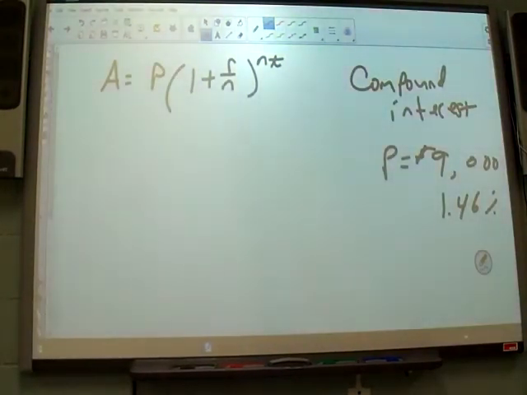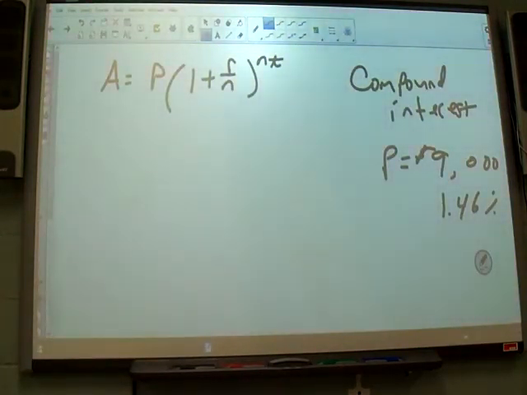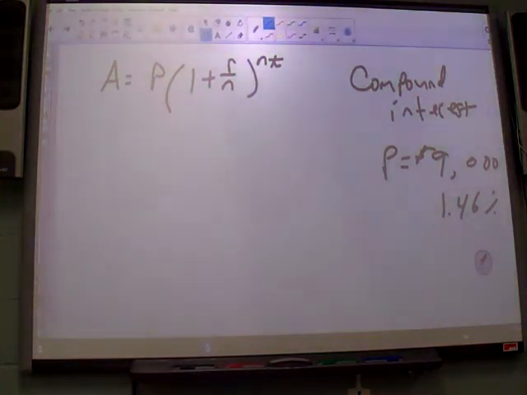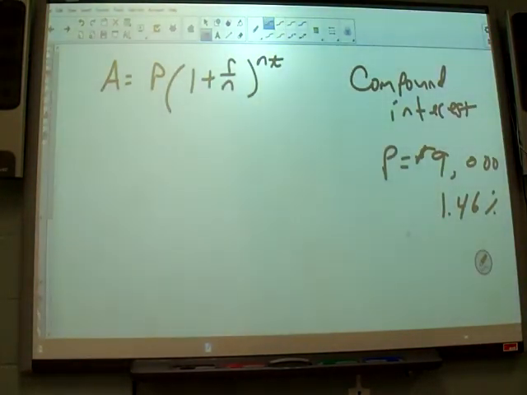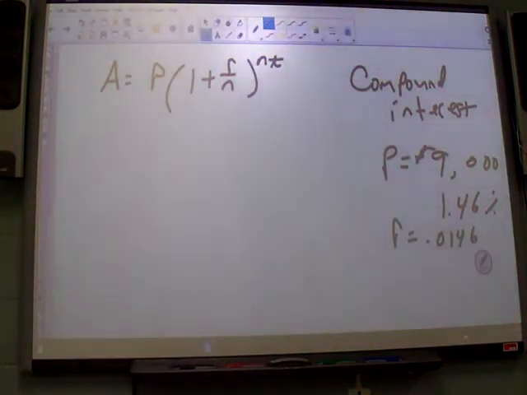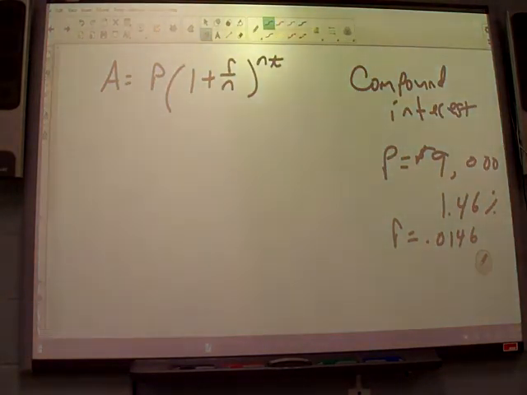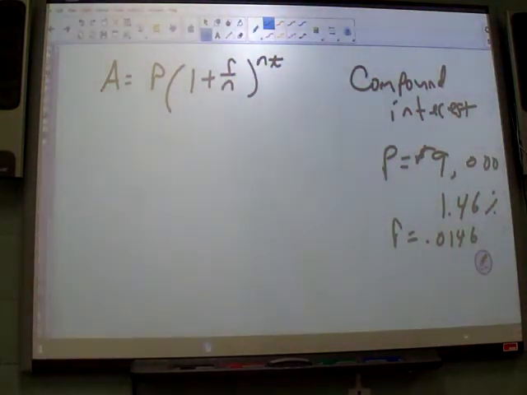So you think it's going to be the A, the R, or the N, or the T? Okay, R, interest rate. So I would rewrite my interest rate here as a decimal by moving my decimal point 2 times. So my R would be 0.0146. Right?